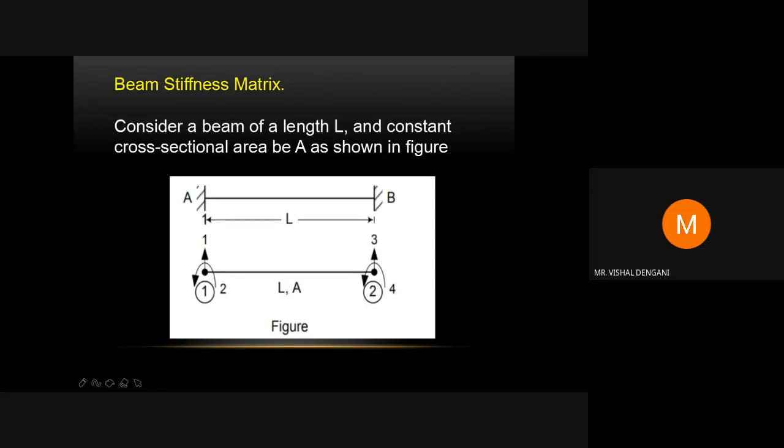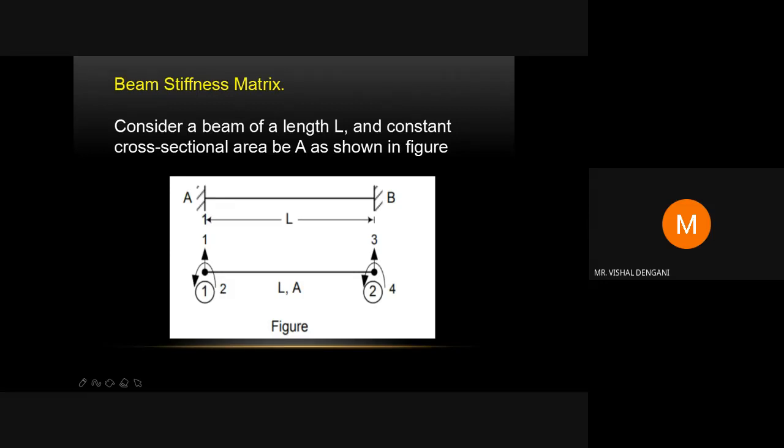Here at this end A, the fixed support. If you consider this as a free node, the possible displacement at node 1 will be displacement along Y and rotation along Z. So you can see in node 1, along Y direction I have given 1 and along Z direction 2.